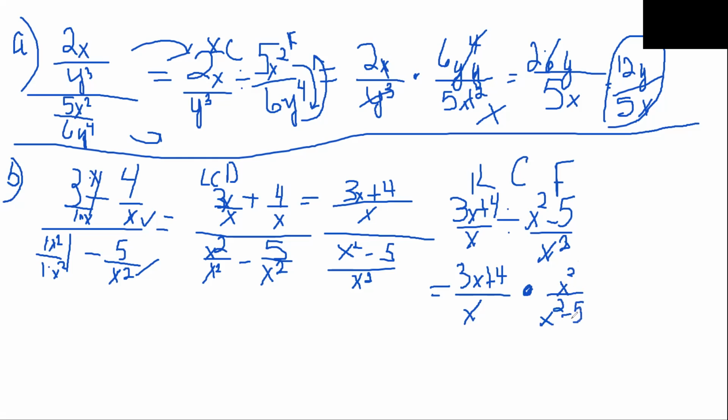And so I look, can I cross cancel anywhere? Hopefully we can identify that the x will cross out with x squared, which leaves me with x. So there I simply have x left times 3x plus 4 over x squared minus 5.